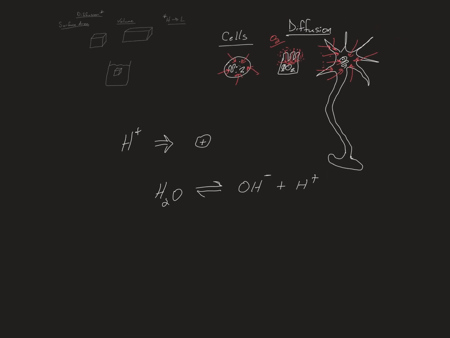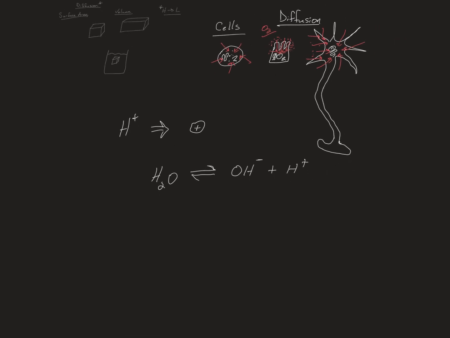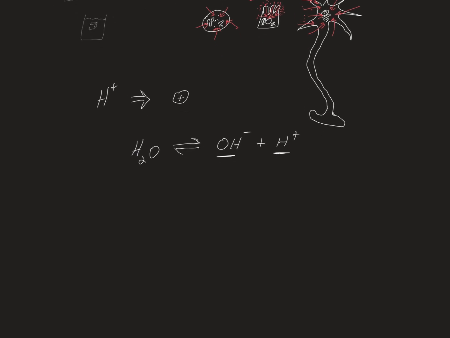That's normal. That's water breaking up. Now, it goes back and forth. So even when it's broken up, you have about 50% hydroxide and 50% hydrogen. When they're about equal amounts of OH and H plus, we call that neutral.